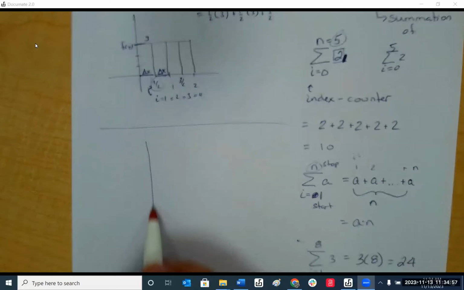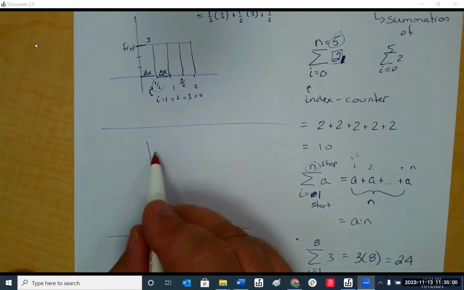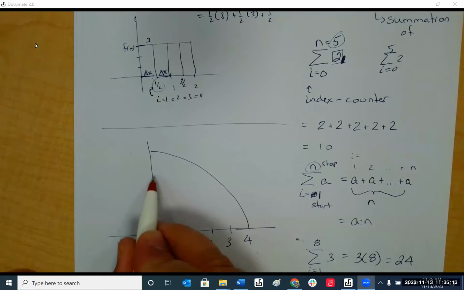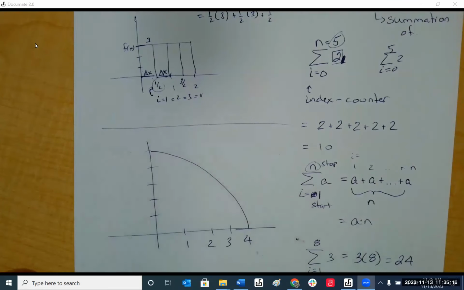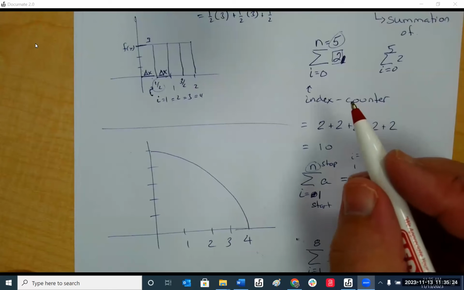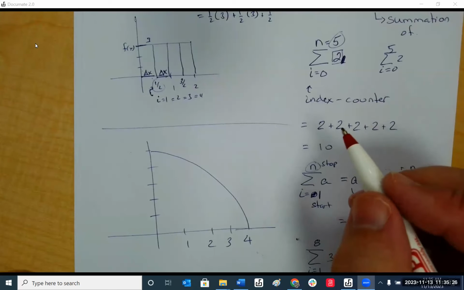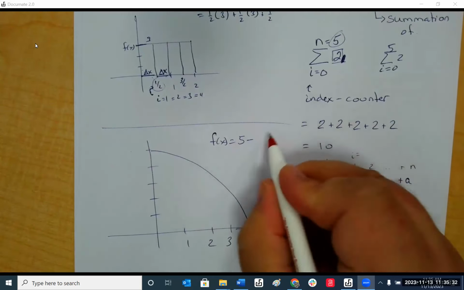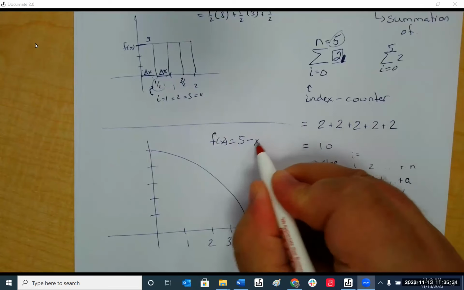Things become less enjoyable. So let's see if this one would be 5 minus x squared, gotta be a curve.